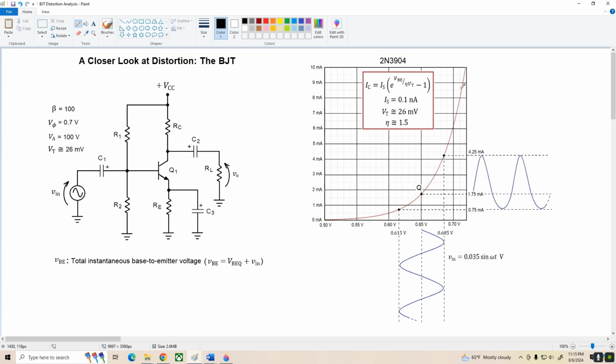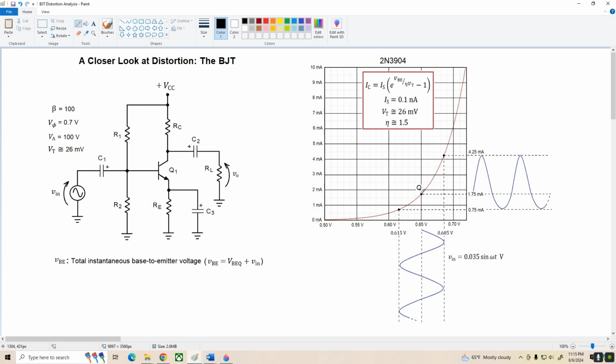Now, let's assume for right now that we've established a Q point here with VBE equal to 0.65 volts, and that results in a collector current of 1.75 milliamps. If we apply an input signal that's sinusoidal with a peak amplitude of 0.035 volts, this is the result we get. Our VBE increases from 0.65 to 0.685 on the positive peaks.